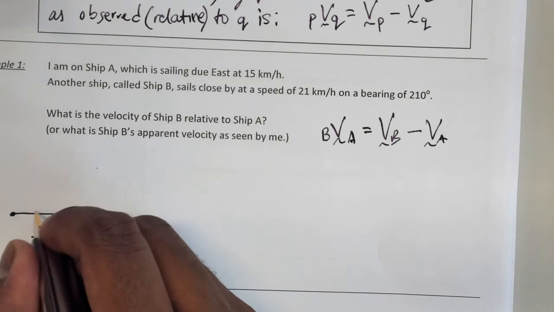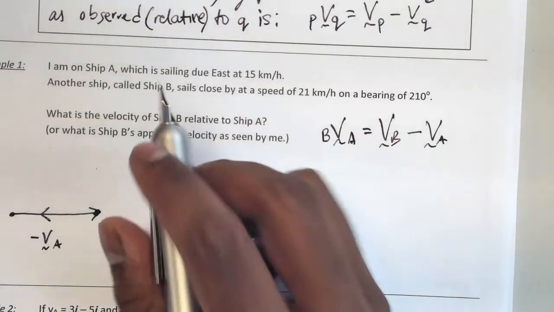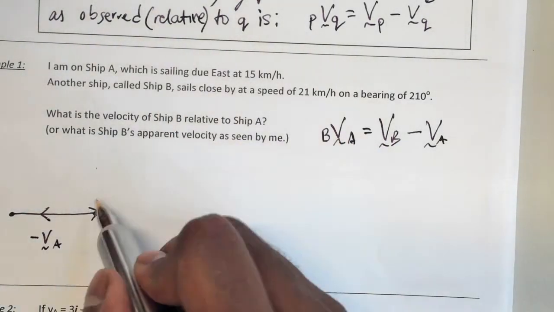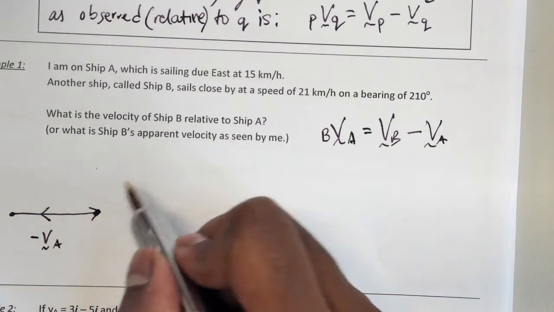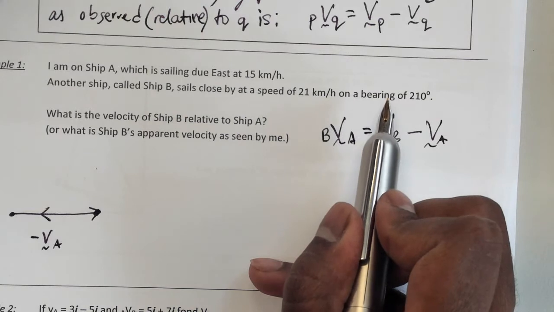Now I'm going to change the direction, and I'm actually going to go that way. And then let's see, VB. So the ship sails B, I have to add it onto A, so it has to be added on from here. Sails close by at a speed of 21 kilometers per hour on a bearing of 210.